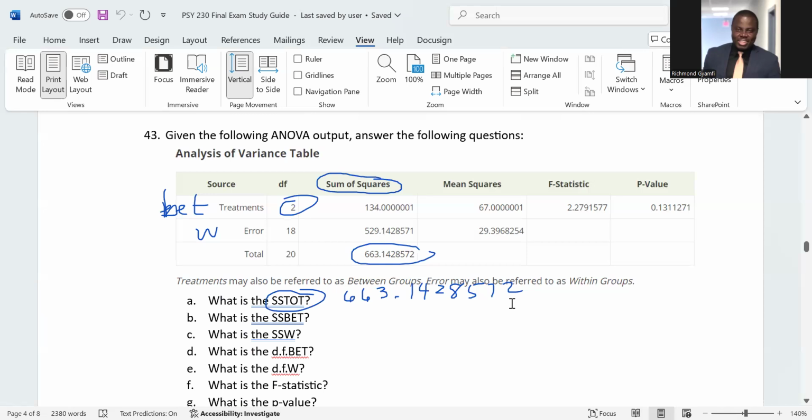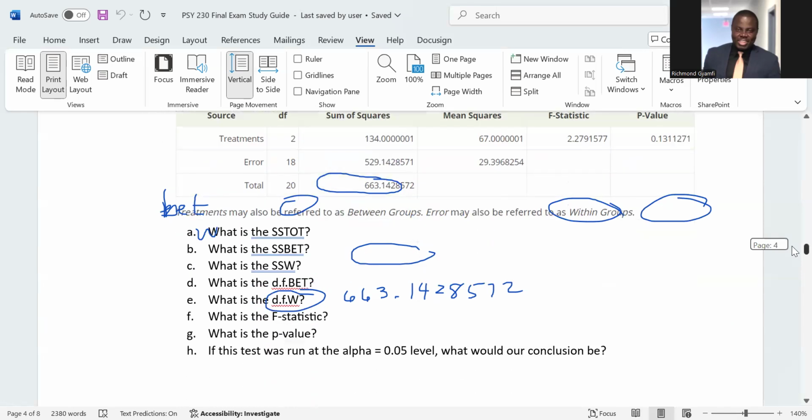What is the F statistic? The F statistic is 2.279. What is the p-value? You've got it right there, 0.1311271. Then the last one says, if this test was run at an alpha equals 0.05, what will the conclusion be?